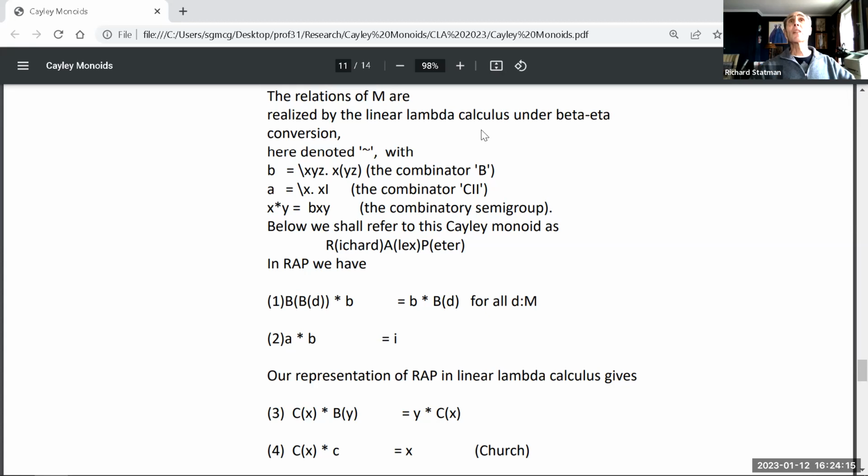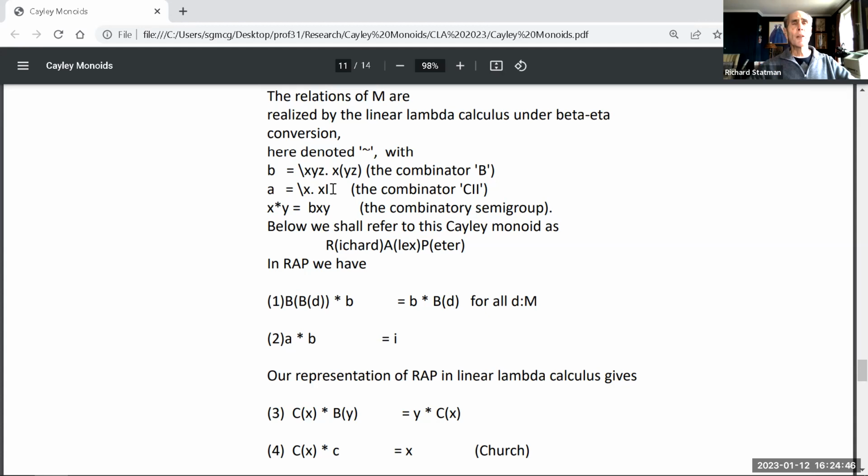You do not get all linear lambda terms at all. But do you get all of the ordered linear lambda terms, or not all of them? I'm not sure what you mean by ordered. It's a submonoid of the linear monoid.